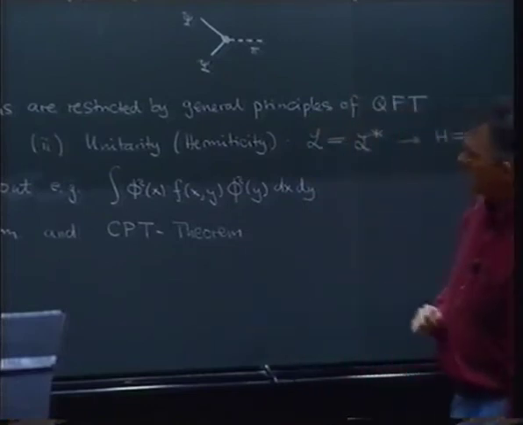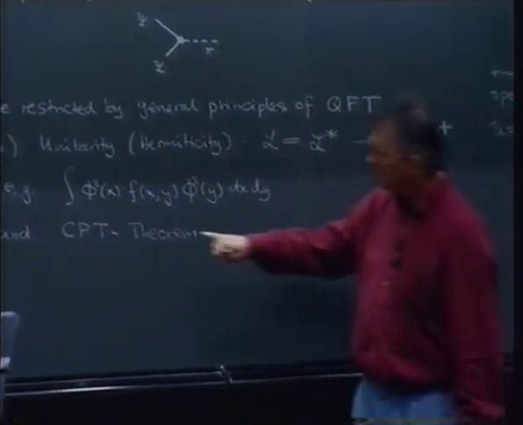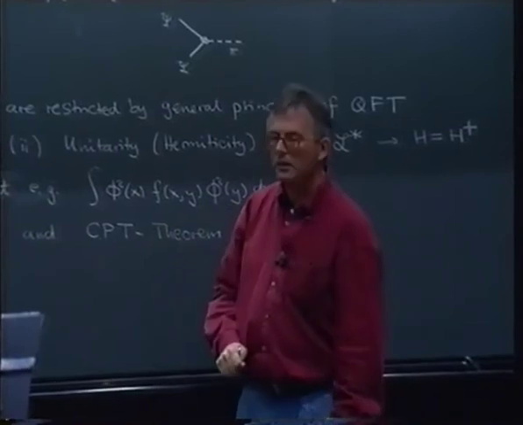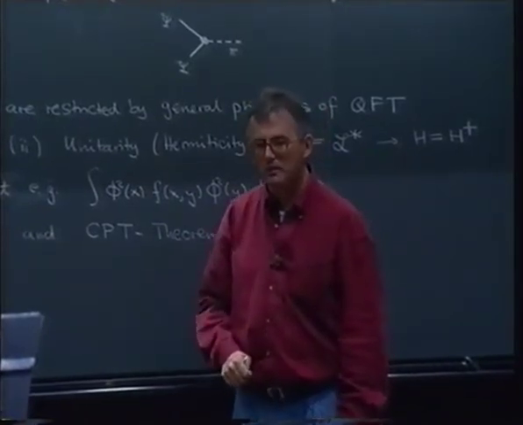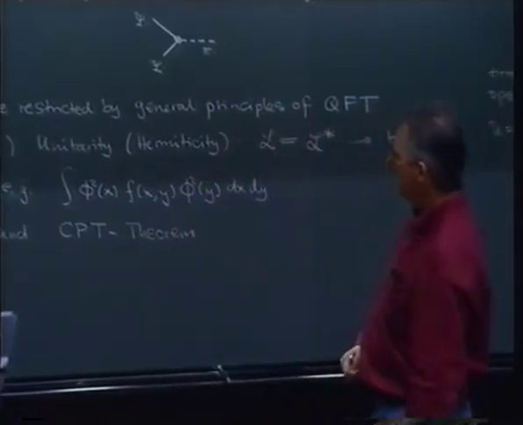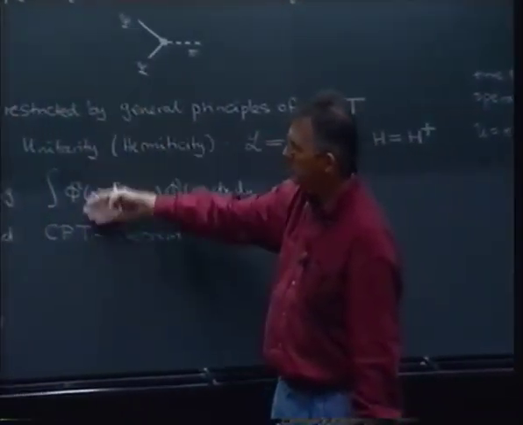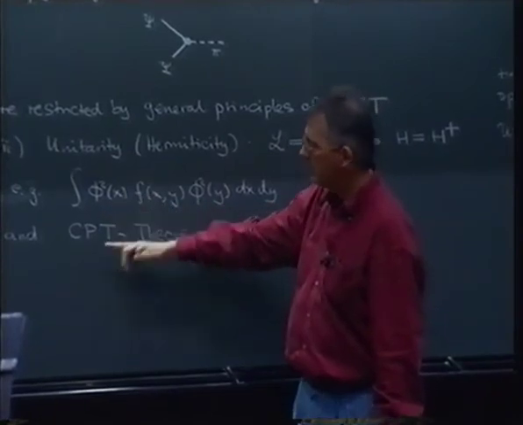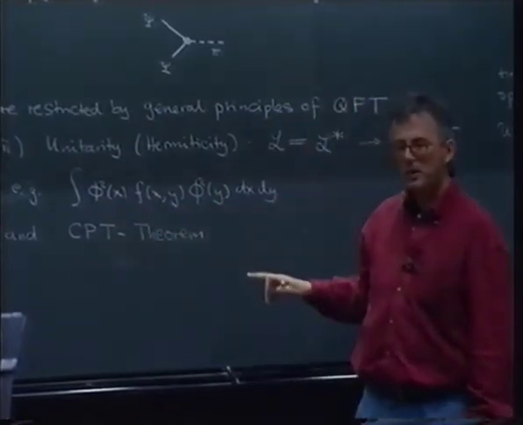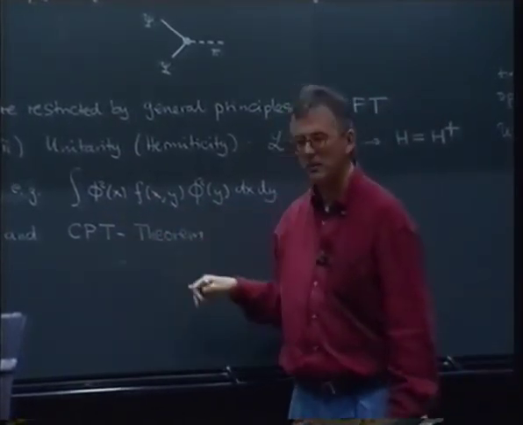And this theorem states that the combined operation, CPT, is an invariance of the theory. So if you use this as an input in the theory, you will not be able to obtain a contradiction with the CPT theorem.